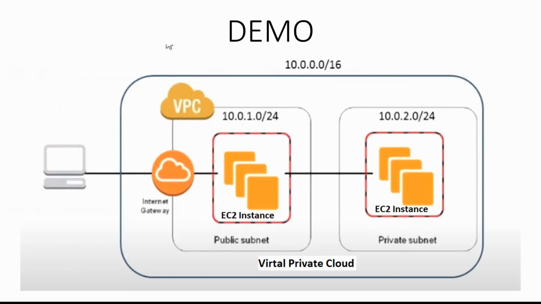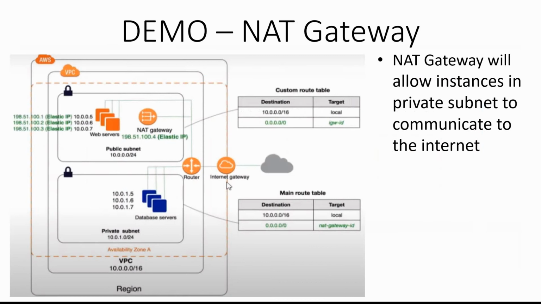I think this is an enhanced version of this diagram. If you look, there will be an AWS network, and basically what you're going to see is a NAT gateway. As I explained before, this NAT gateway will be in the public subnet. This is AWS and this is the VPC boundary.